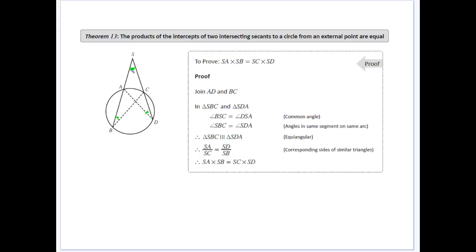Thus SA on SC, because they must be in the same ratio, and SD and SB would be in the same ratio. Therefore SA times SB must be equal to SC times SD: the part cut out times the whole secant equals the part cut out here times the whole secant. So that's the second theorem.